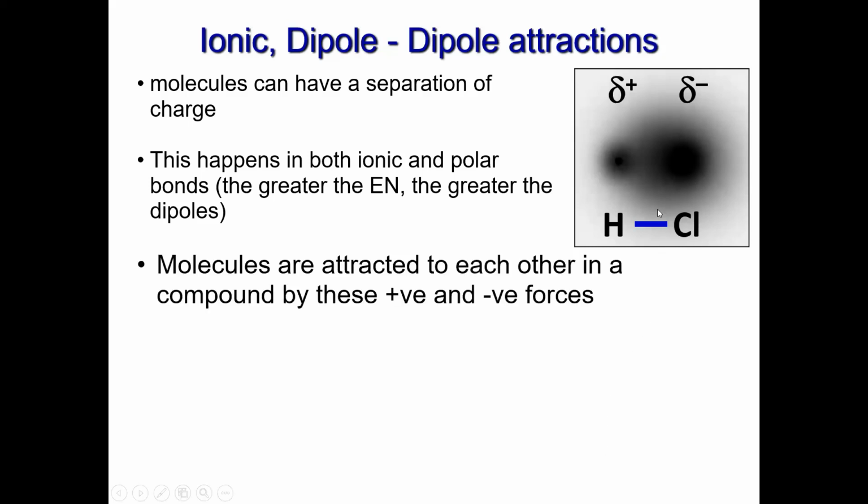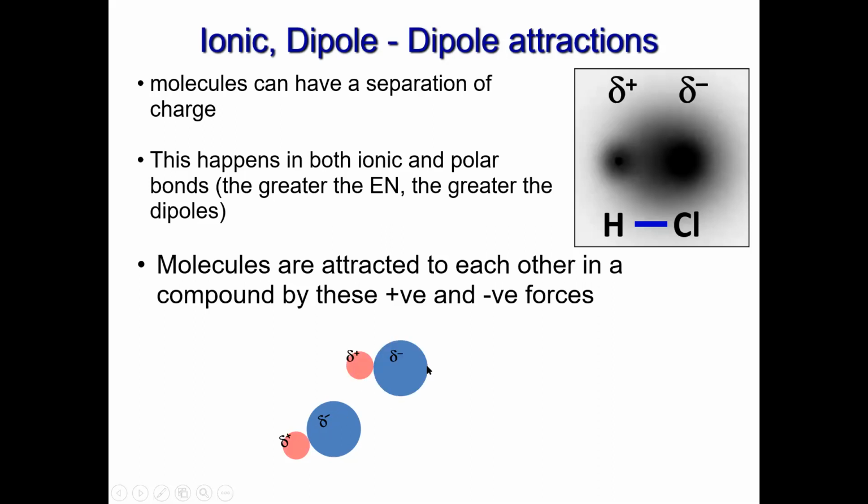So the molecules here would be attracted to each other. As we have two molecules of hydrogen chloride, they will be attracted to each other by the positive and the negative forces. So let's look at this example here. You see, you have a negative and a positive dipole in this polar molecule. This is the negative end and this is the positive end.